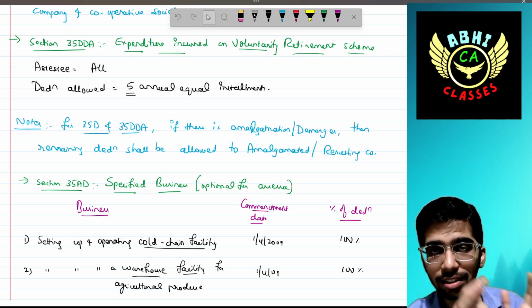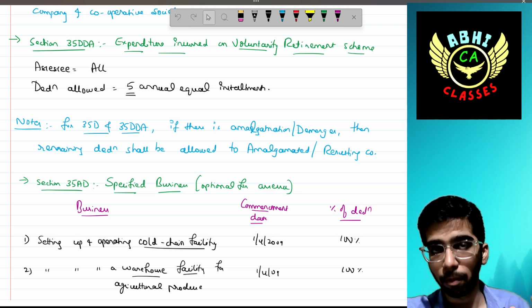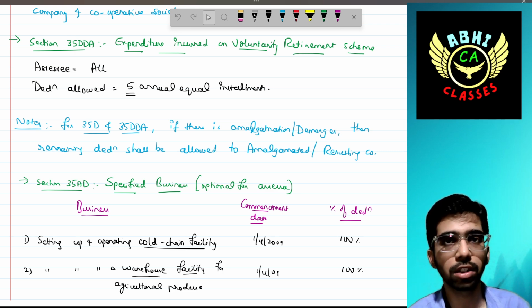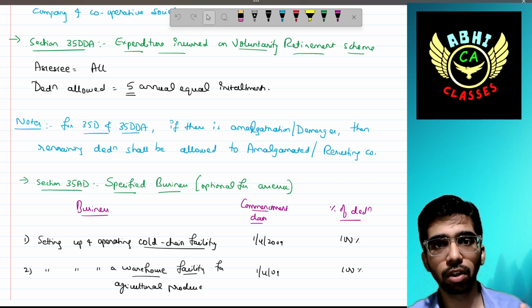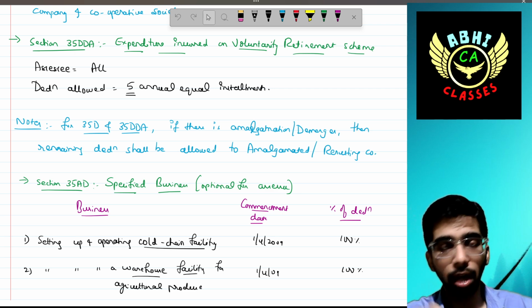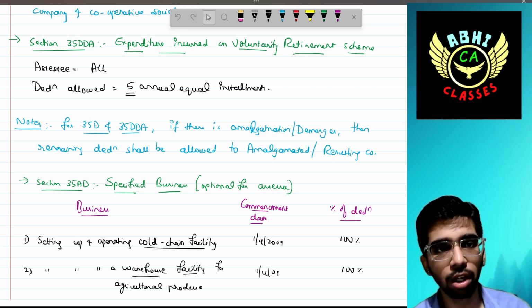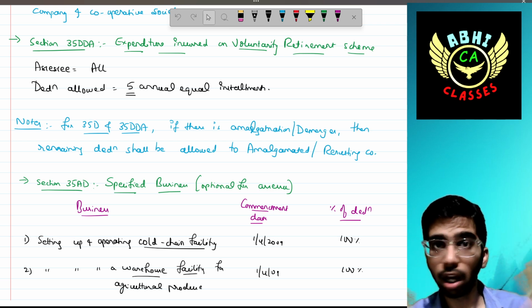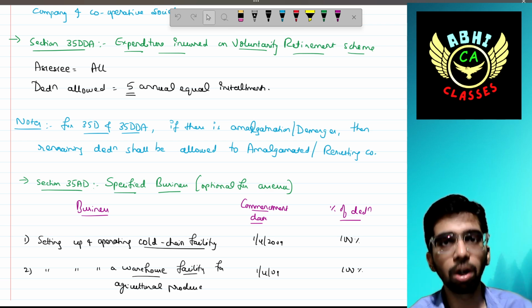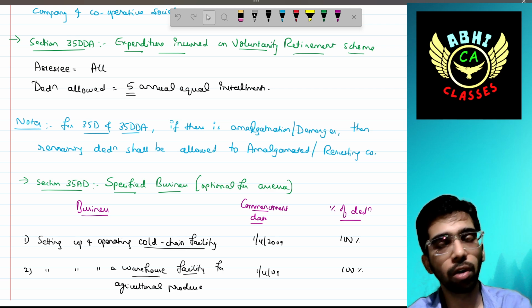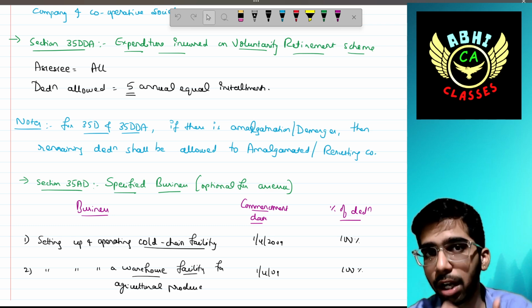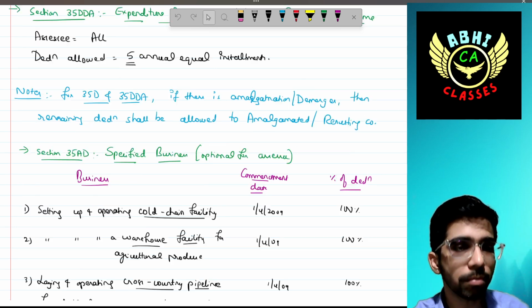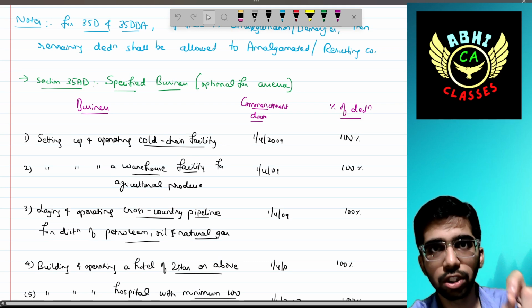Then the balance 3 years' portion, that is 30,000 in our example, would be transferred to the amalgamated company. Not the amalgamating company, the amalgamated company, or the demerged company or resulting company. I hope you understood. The balance amount would be carried forward to the resulting company, demerged company or amalgamated company. Simple. Only for these two sections.